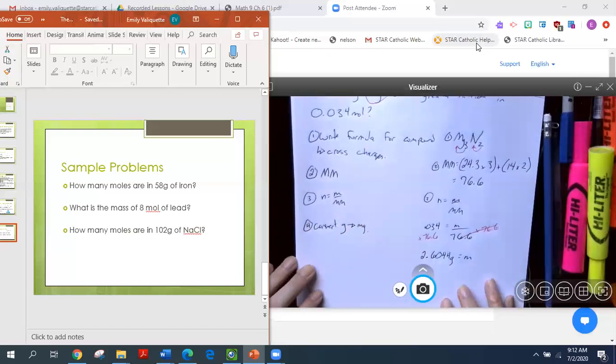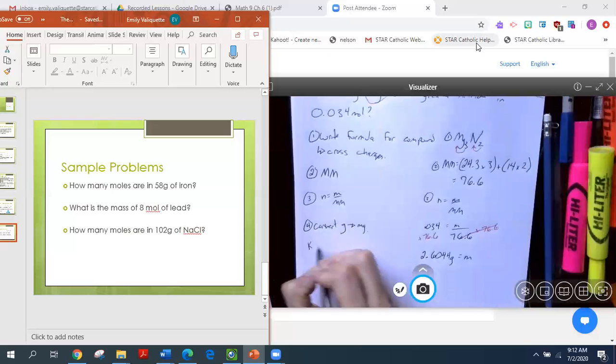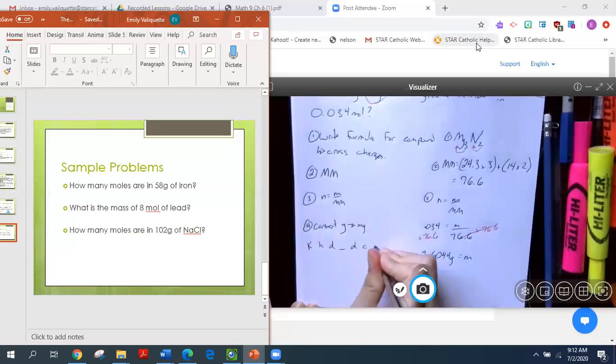Now, those of you that don't remember how to do this, if you just write out your King Henry drank whatever during Christmas Mass, in this case, our whatever would be our grams. So King Henry drank Gatorade during Christmas Mass. This would be our milligrams, up here would be kilograms.